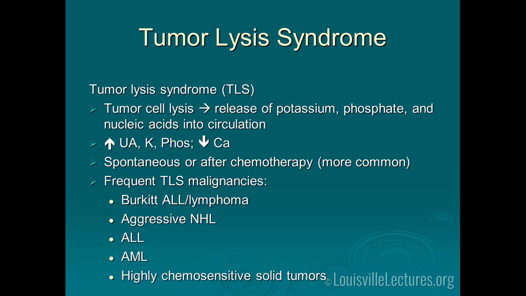And in acute leukemia, all the patients who get an acute leukemia induction, they get tumor lysis prophylaxis as well, because even if they don't have a high blast percentage in the peripheral blood, their bone marrow may be full of blasts, and all those blasts, if they die after the chemo is given, will release their contents, so they might have a high tumor burden as well. So allopurinol and hydration for everybody who gets leukemia induction. And finally, some solid tumors. For example, if you're treating a testicular cancer patient, you may consider tumor lysis prophylaxis because a lot of those germ cells will die when the chemo starts.